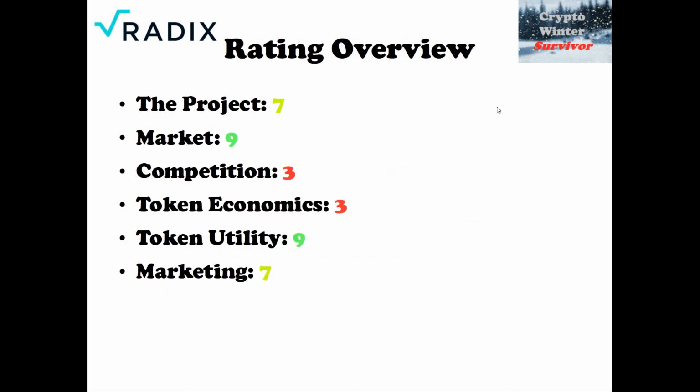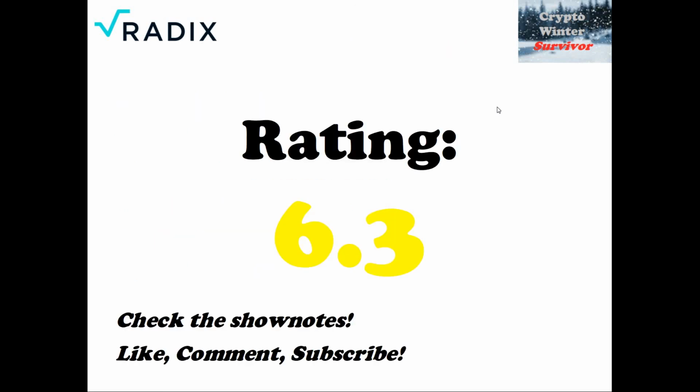I gave them a 7 for the project, a 9 for the market, a 3 for the competition, a 3 for the token economics, a 9 for the utility, and a 7 for the marketing, which all comes together to a 6.3, which may seem low to some people. I sometimes get reactions to videos that I give a project a 7, and they're like, this is way too low. But if you just look at how the rating system works, if you score low on one of the points, then you're not gonna make a 9 anymore.